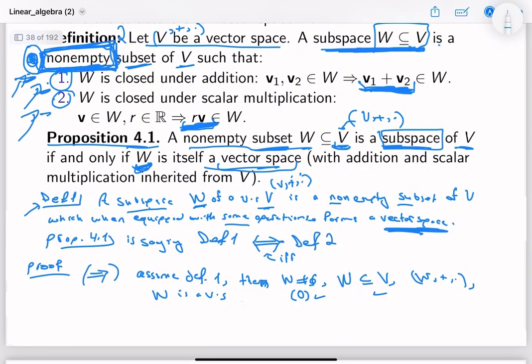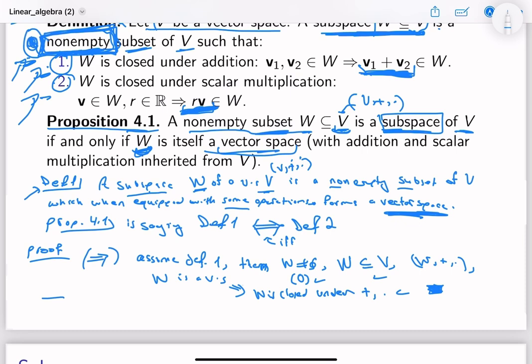But since omega is a vector space, omega is automatically closed under addition and scalar multiplication, because this is some of the axioms of a vector space. So I guess this completes the proof, because definition 1 entirely implies definition 2. This is as clear as it seems. So this completes the proof of the first direction. And this is a notation for the end of the proof: you write a box and you fill it out.